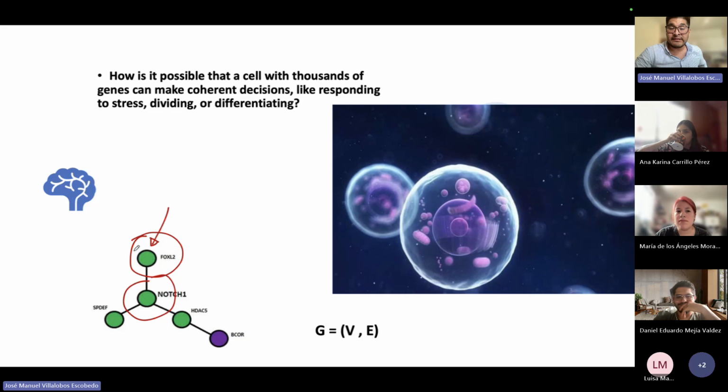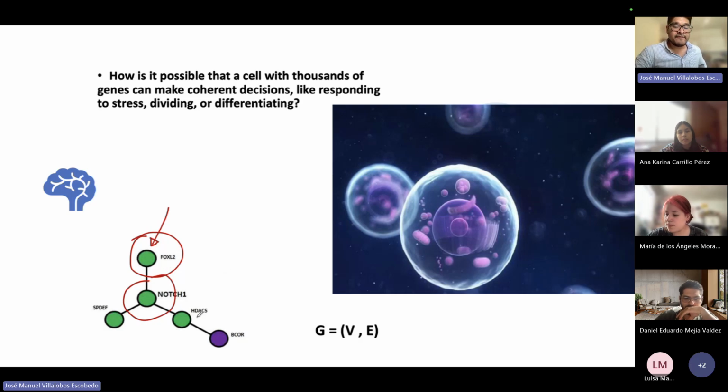This is our nodes. A node is a central point that has connection with other dots. The nodes are described as whatever kind of element in the cell. Can be proteins, can be a transcript, can be a gene.